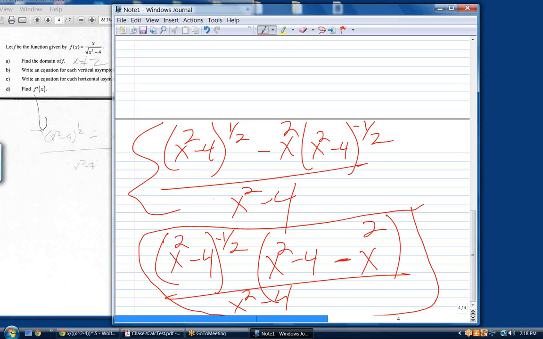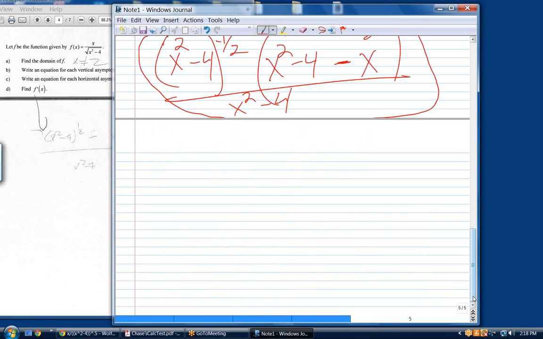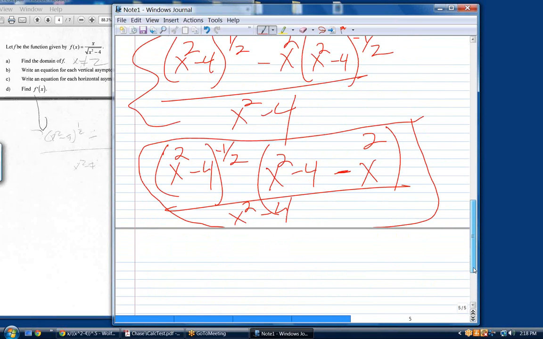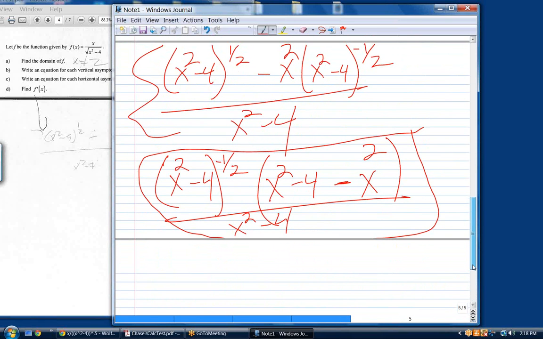Okay, now watch how this simplifies. This x squared minus 4 came from this, minus, this is just x squared. Okay, x squareds cancel.